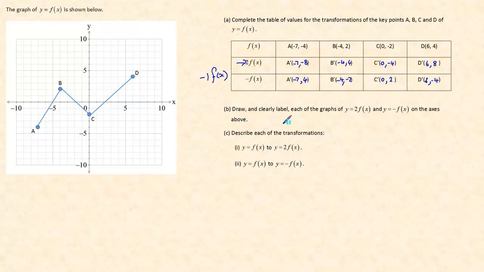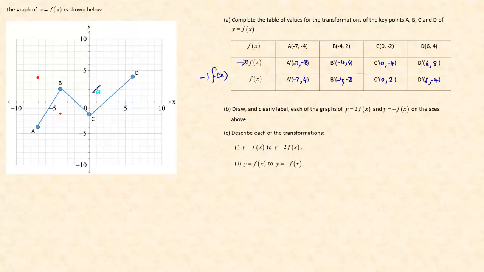Draw and clearly label each of the graphs of y equals 2f of x and y equals -f of x on the axes above. Now I'm actually going to do the -f of x first. So we have -7 and 4. So that's going to be just here. -4, -2.